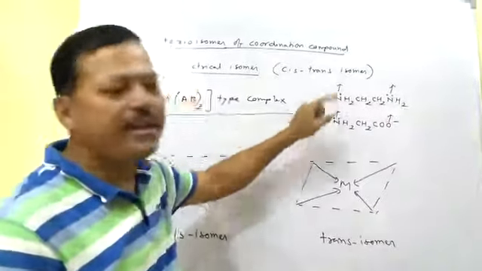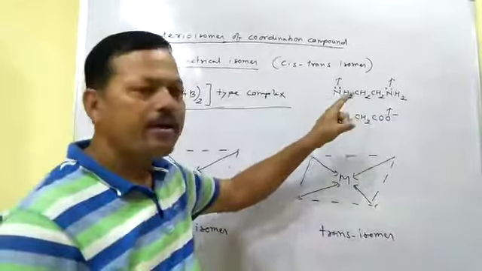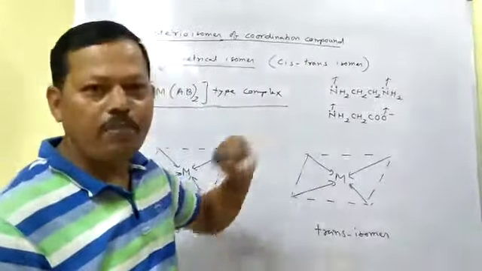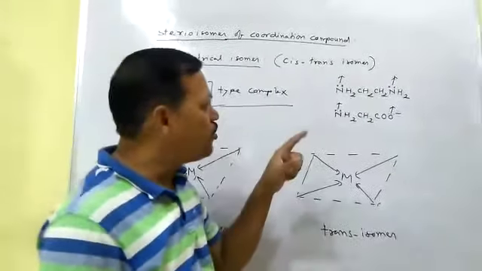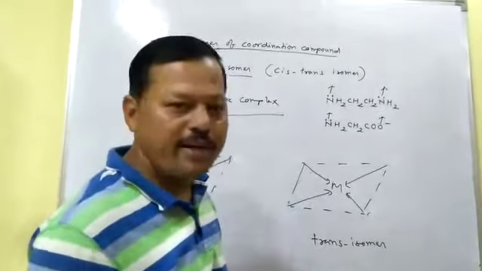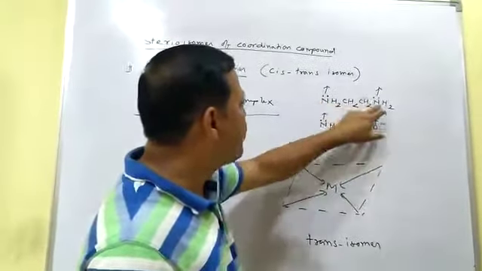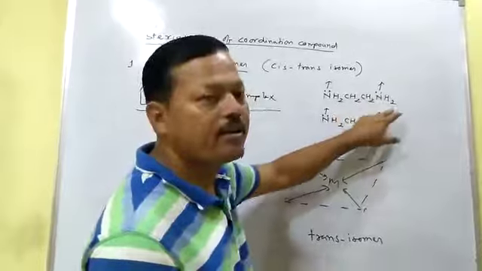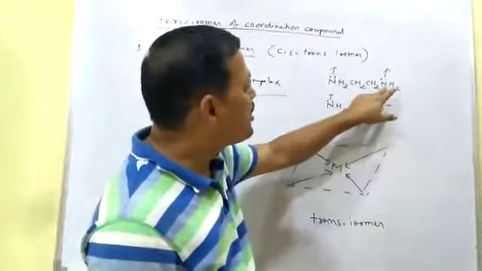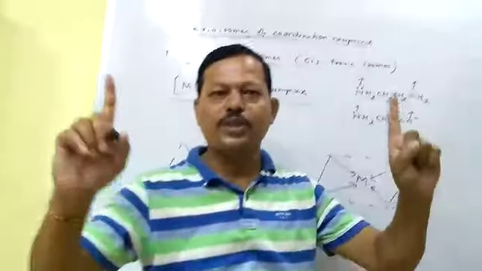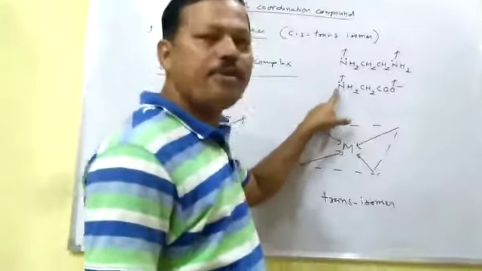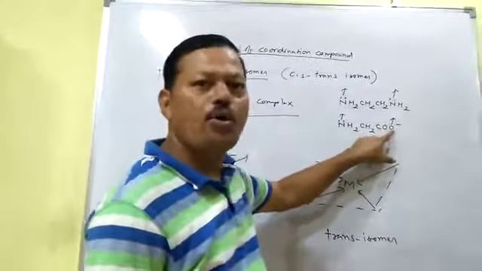But these two bidentate ligands are different in one point. Have you seen the point where they are different, although both are bidentate? Here both donor atoms are nitrogen, this nitrogen donates, this nitrogen also donates. But here one donor atom is nitrogen, one is oxygen.